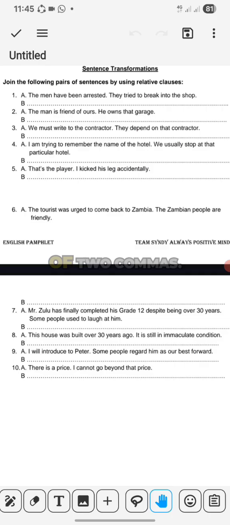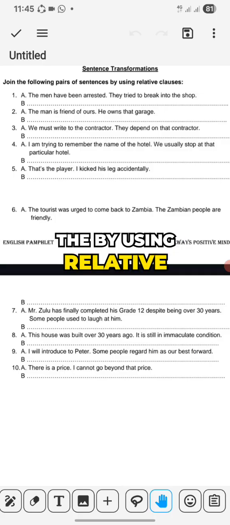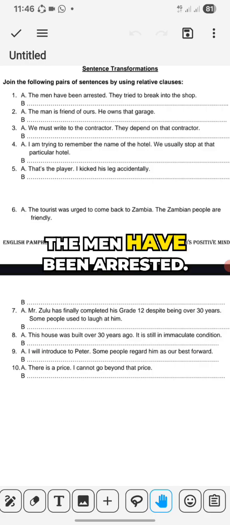Now let's get back to our transformation questions now that we've got the basic knowledge of what we are going to talk about. The instruction there says, join the following pairs of sentences by using relative clauses. 1a, the men have been arrested.